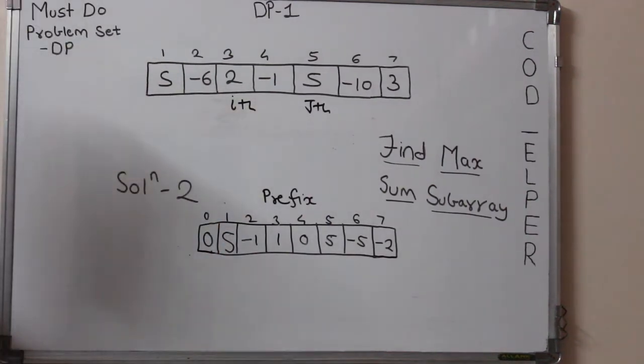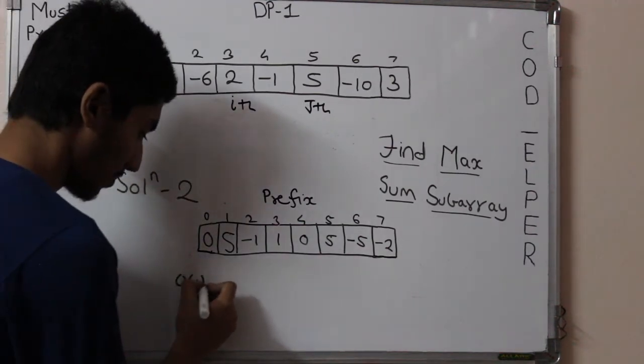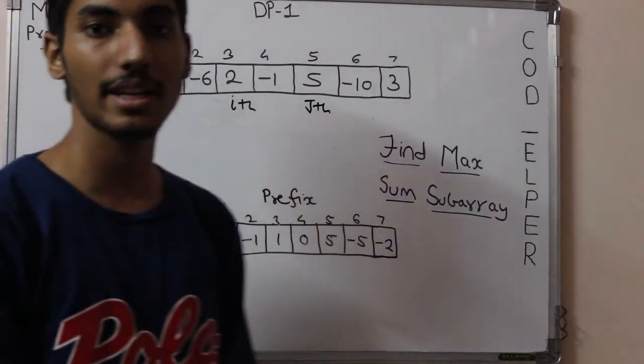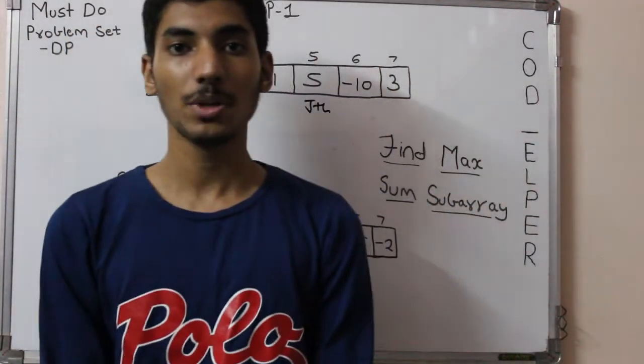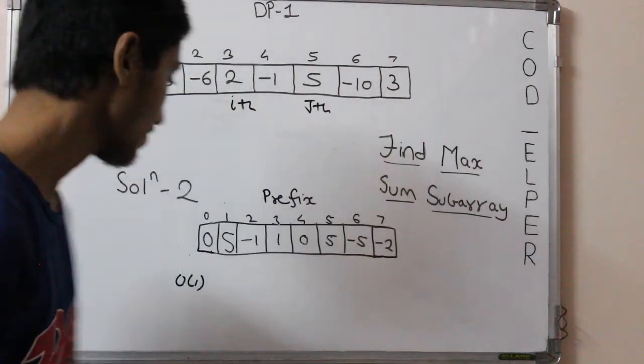To find the sum, we can do it in O of one time by using the prefix sum array. But this was not the case in the previous approach because it was taking n time to compute the summation.